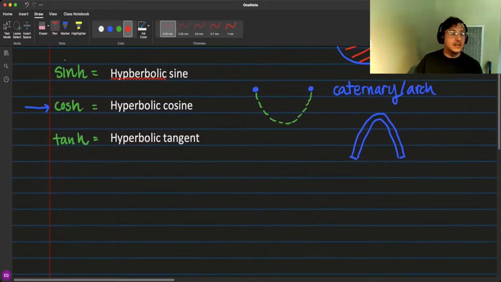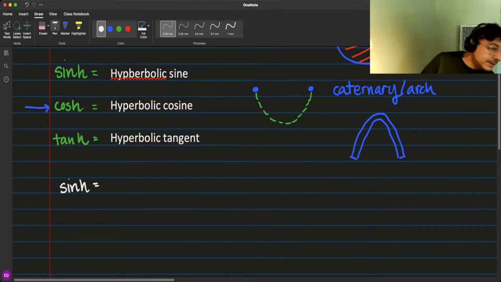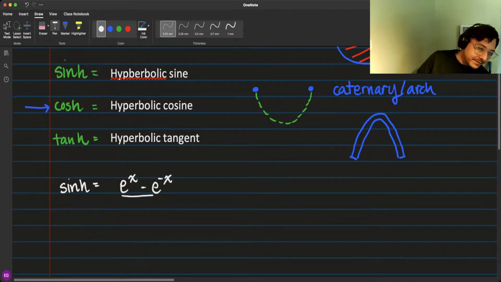What is the formula for the hyperbolic sine? The formula for the hyperbolic sine is e to the x minus e to the minus x over 2.